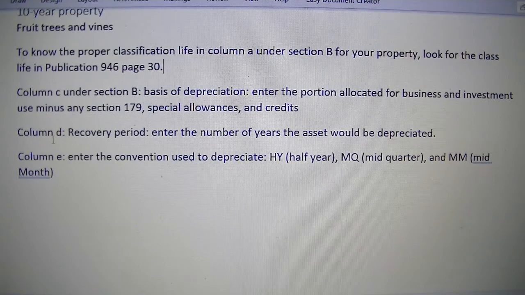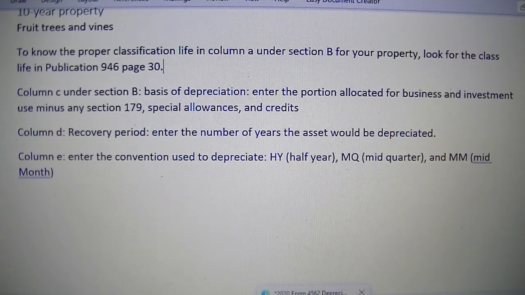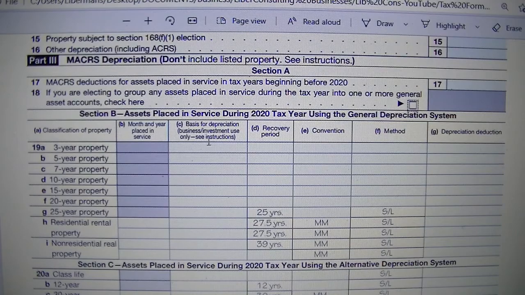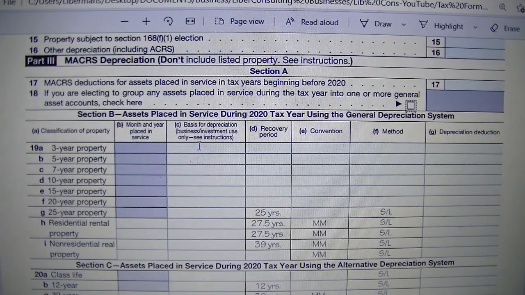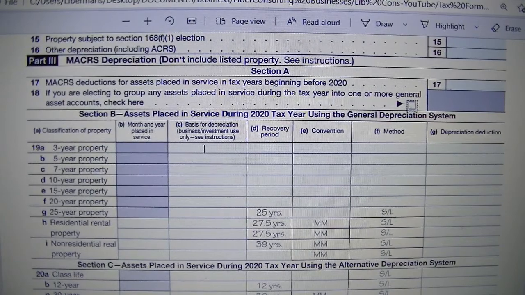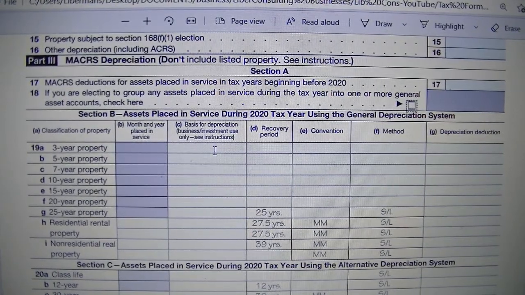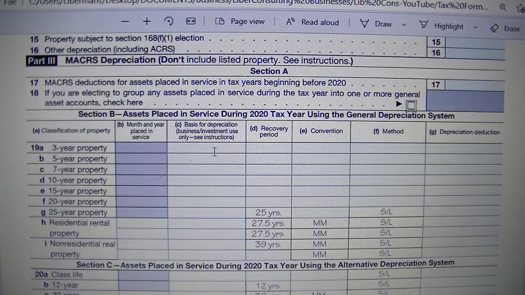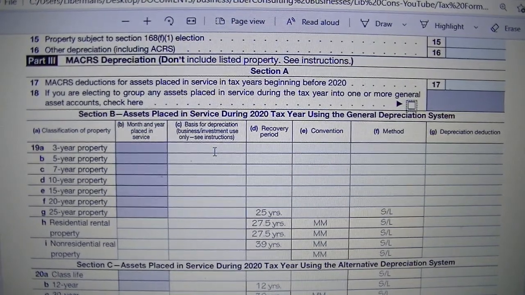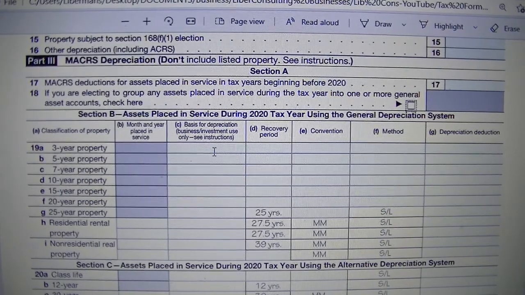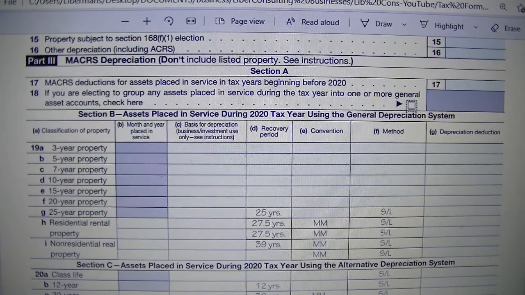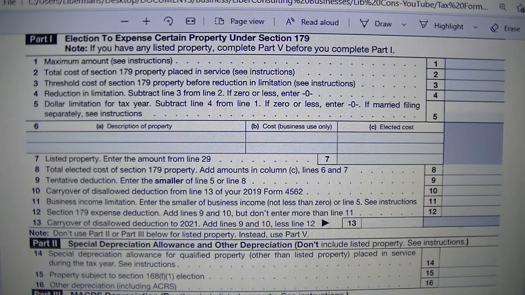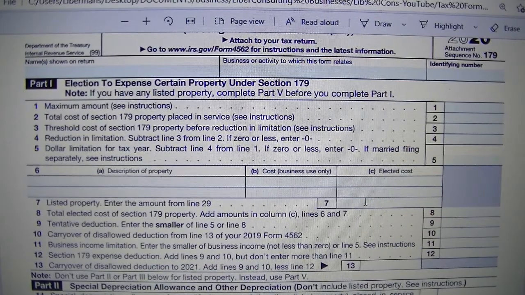So column C. Let's take a look at column C. Basis for depreciation, business and investment use only. So the amount that will be here under column C will be the basis for depreciation, assuming your asset is 100% use. If you claim section 179 deduction in part 1, you'll take that amount out of the cost or the basis of the assets.